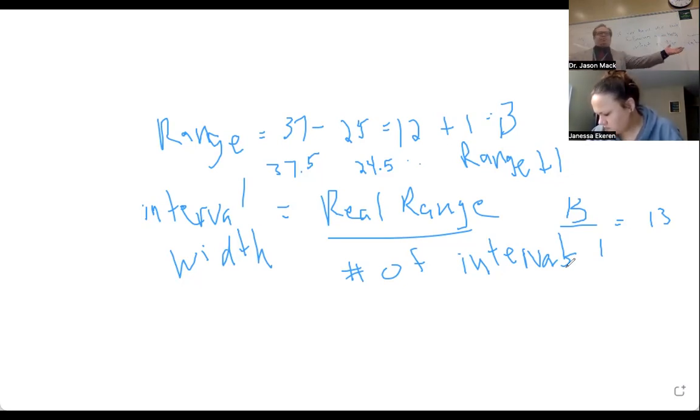So guys, give me some random two numbers. 12, 30. Perfect. What is the interval width? Well, the interval width is 18. Not quite. Interval width is always going to be equal to the real range over the number of intervals.